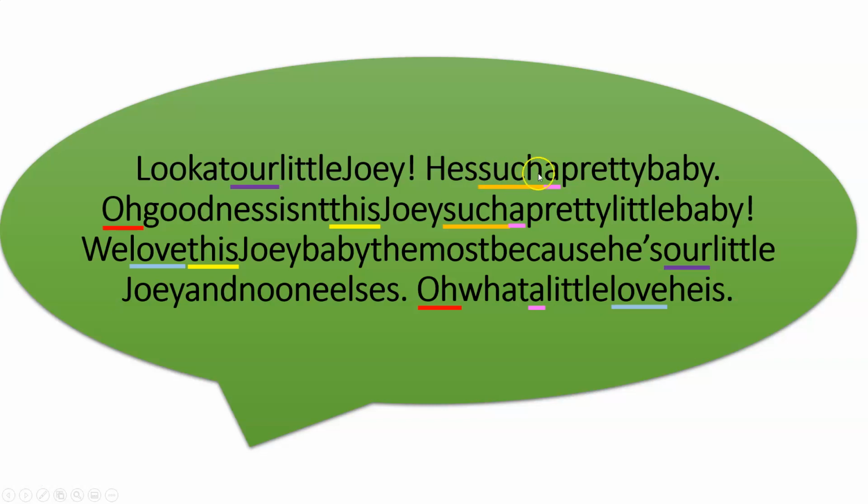You've got such a that occurs a couple of times, right? But before the word such, you've got he's and you've got Joey. Before and after the word this, we've got isn't and Joey, and here we've got love and Joey. And both times the word oh appeared, there was a break before it already in the natural sequence of things. The parent might have paused for a moment before uttering the exclamation oh.